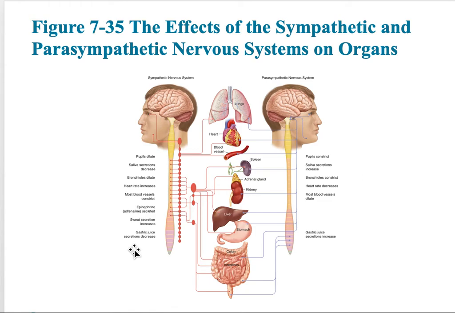Beta 1 is your heart, and beta 2 is your lungs. It causes increased heart rate by beta 1. It causes increased breathing and bronchodilation, beta 2. Your alpha stimulation through epinephrine and norepinephrine causes vasoconstriction, the constriction and narrowing of your arteries so that we can maintain blood pressure. On the parasympathetic side, the chemical here is acetylcholine.